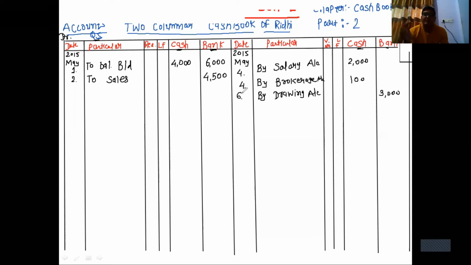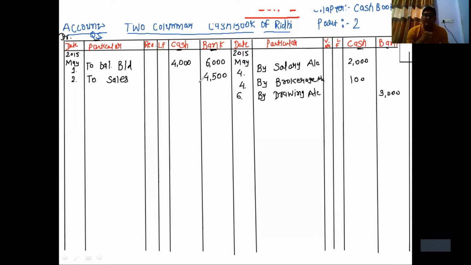It means if an amount is withdrawn from the bank, then it is a contra transaction. If cash is deposited into the bank, then it is also a contra transaction, because when two accounts, cash account and bank account, are affected by the same transaction, it is called a contra transaction.